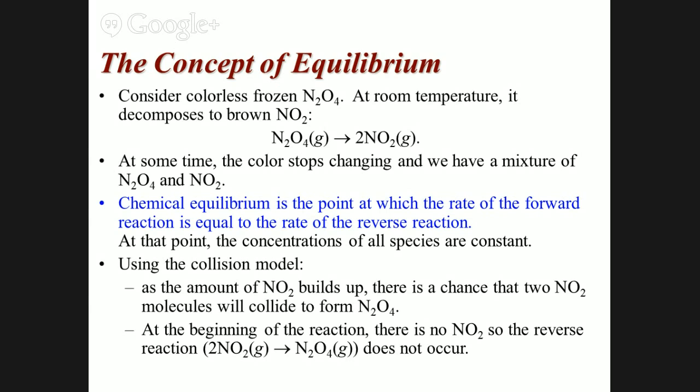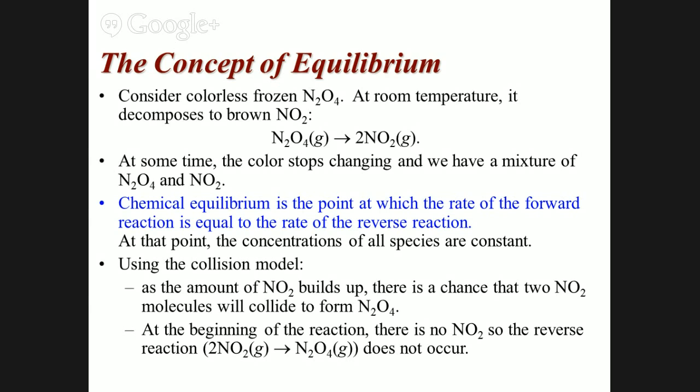Now, up to this point, we really haven't talked that much about having reverse reactions. We did a little bit in acids and bases, but in reality, there are lots of reactions that don't just go from the ingredients to the product and you run out of ingredient. Sometimes you get a reverse reaction too. It goes backwards the other way. And so we have two reactions going on at the same time.